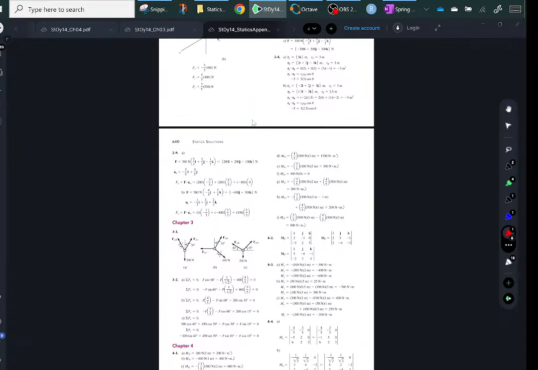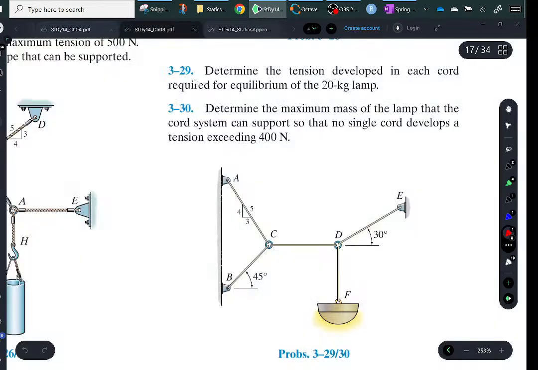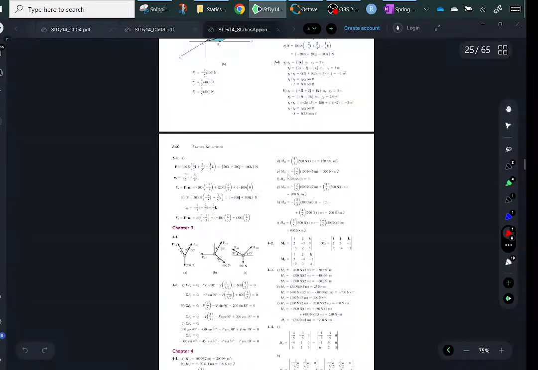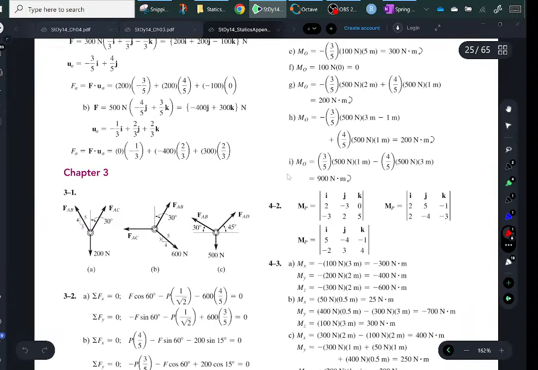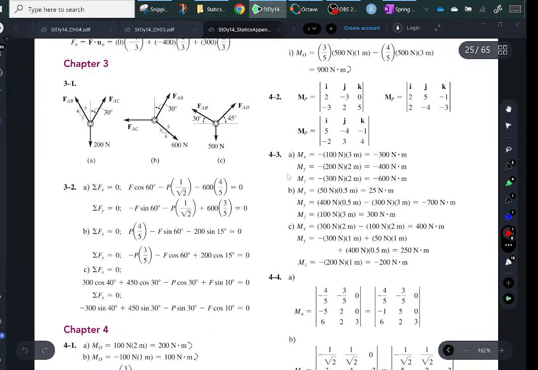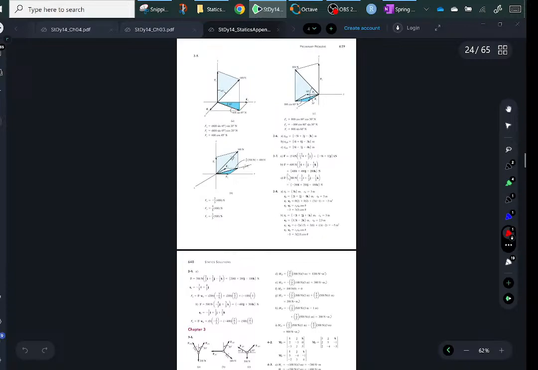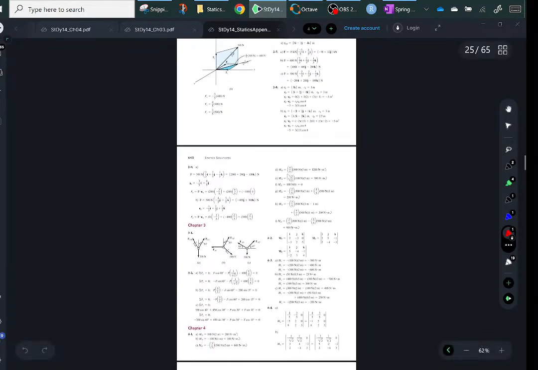What's going on here? Okay, I'm very baffled. 329, right? 3, 1, and 3, 2. Are these the fundamentals? Oh, these are preliminary. Okay.